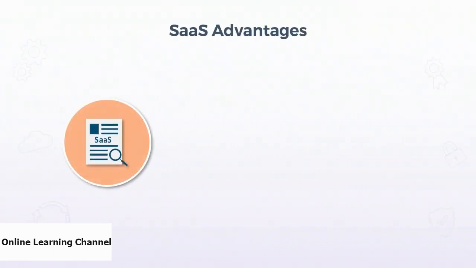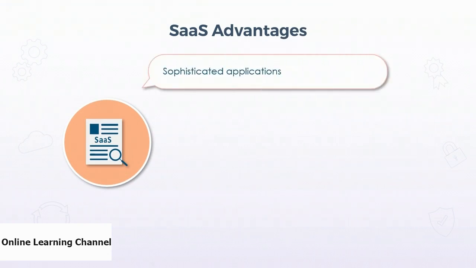Some of the advantages of software as a service: sophisticated applications, things like CRM, right? Microsoft Customer Relationship Management tool. It's sophisticated. There's a lot going on behind the scenes, lead generation. We've got ties between customers. We're storing all of our interactions, right?